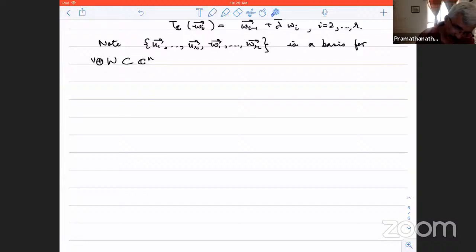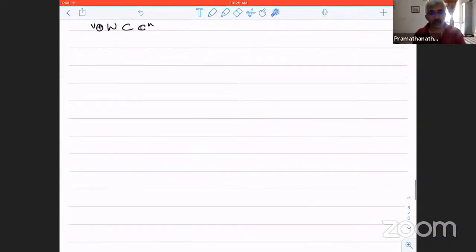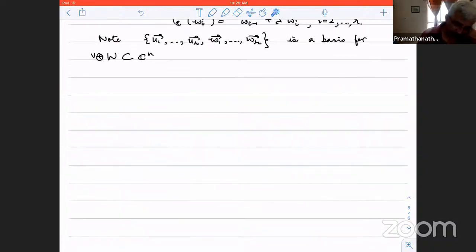This half is the basis for this, and this half is the basis for that. Okay. So for the direct sum, it will be a basis for both of them. Now do the following.